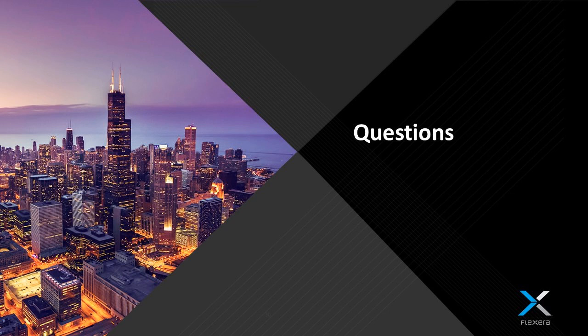So next question. For Java, is there a way to detect with Flexera which are standalone JDK installs and which are part of a bundled solution like WebLogic Server? Excellent question. It is something I will need to double check on, but I would be surprised if we could.